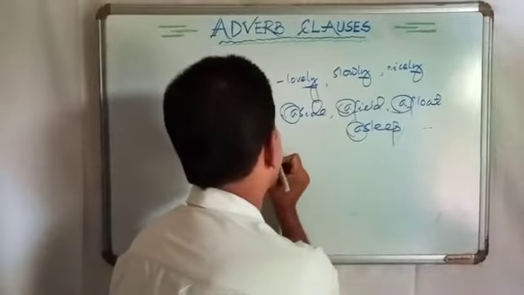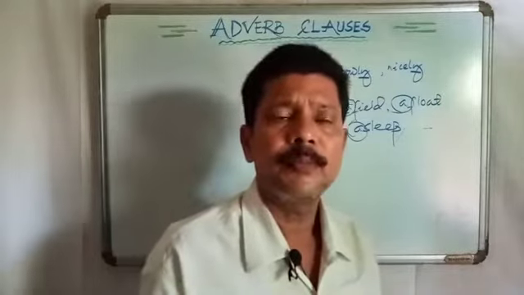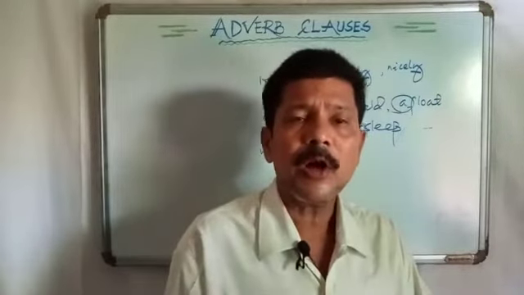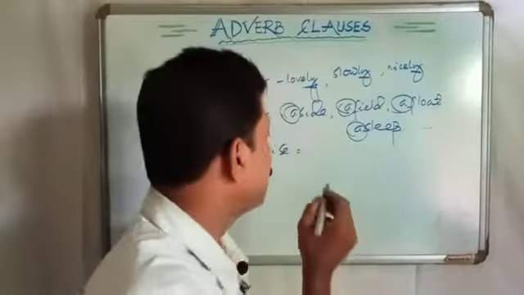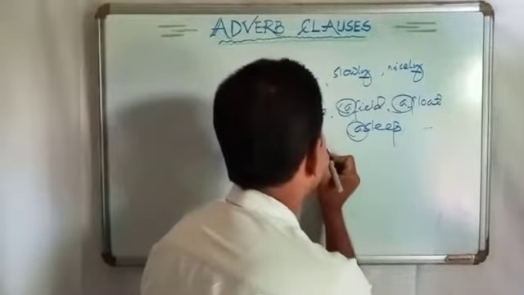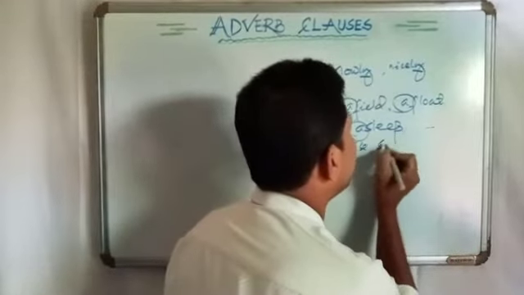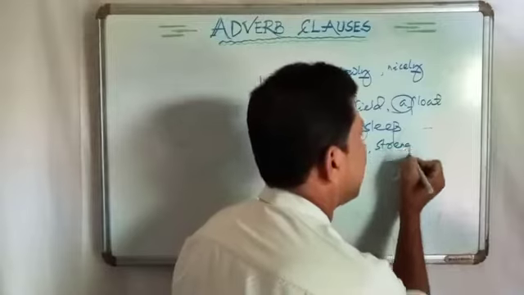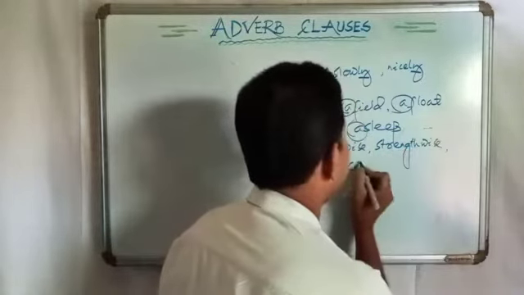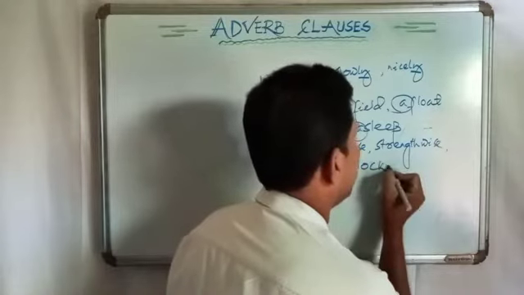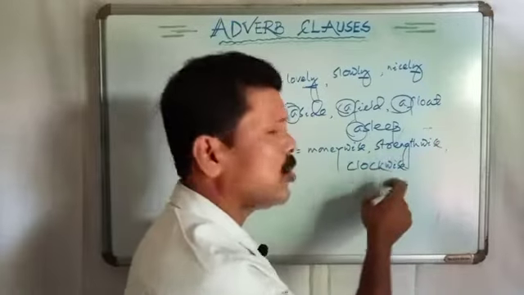Then the word wise. There are certain words that have wise at the back. Suppose money wise, strength wise, clockwise.